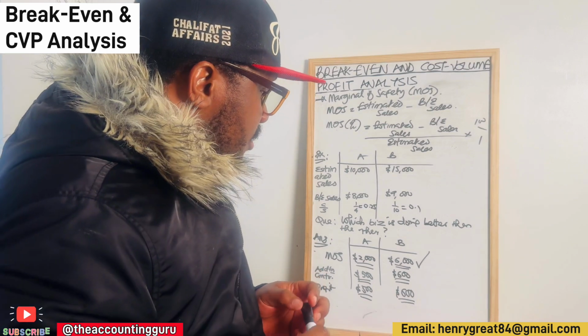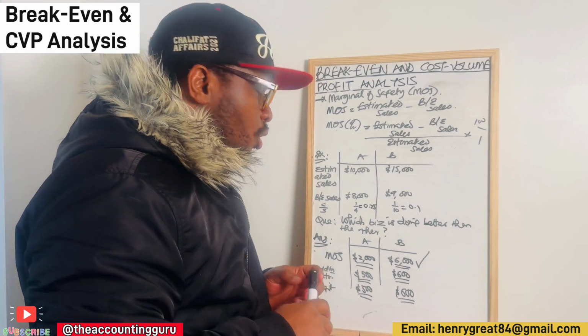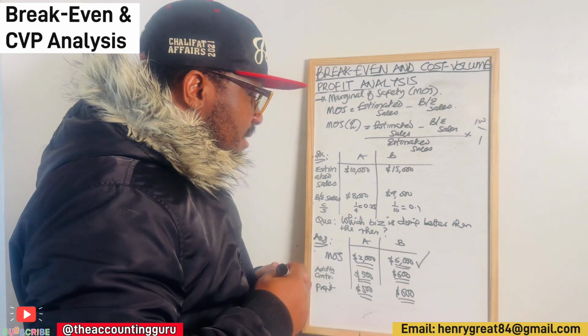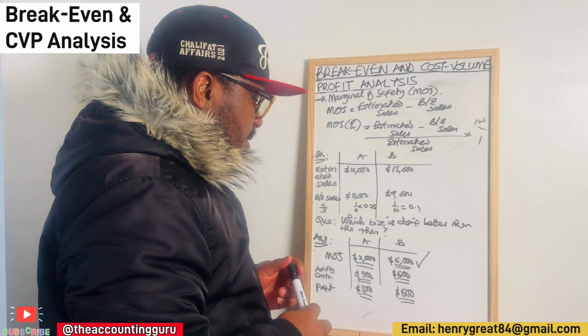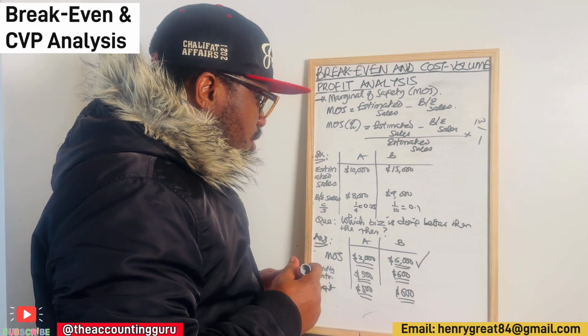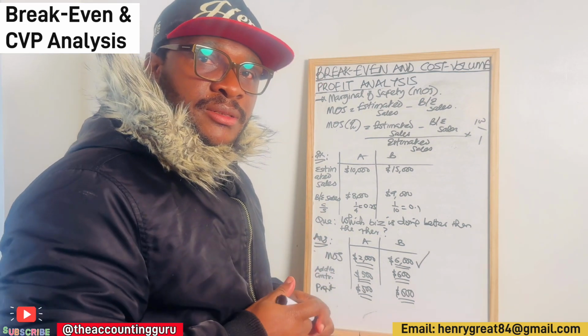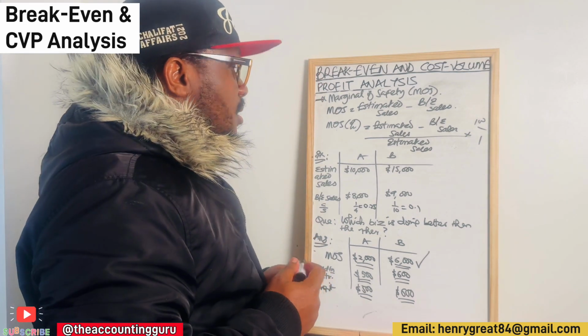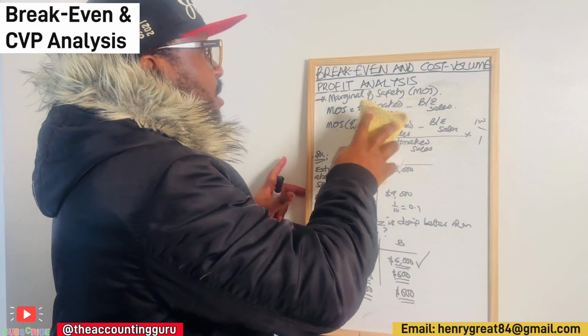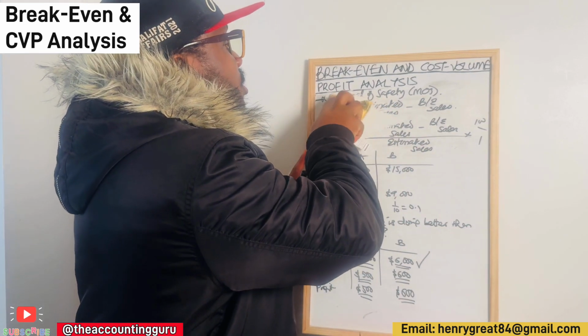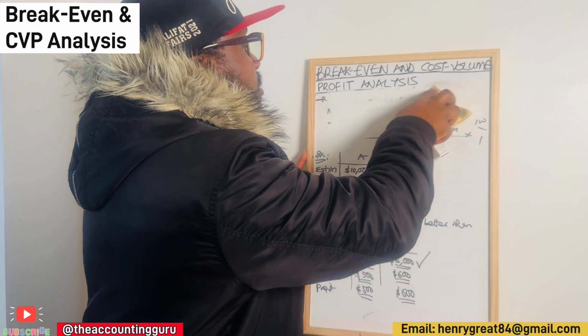Perfect. So let's assume the business risk is the fact that demand for these two businesses' products would reduce by 20%. Do you understand? Let's assume that demand for their product would reduce or fall by 20%.